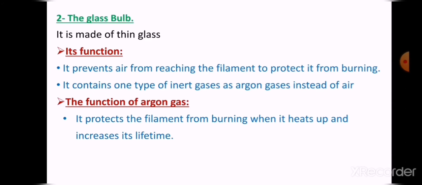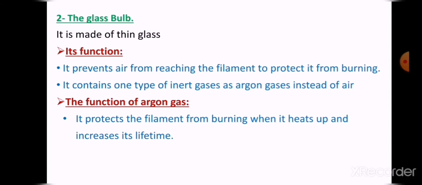What is the function of inert gas? The function of argon gas is that it protects the filament from burning when it heats up, and increases its lifetime.